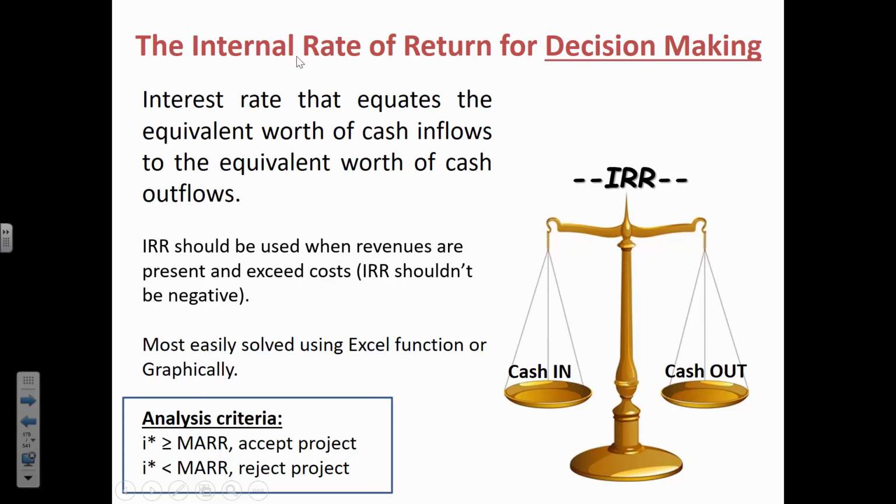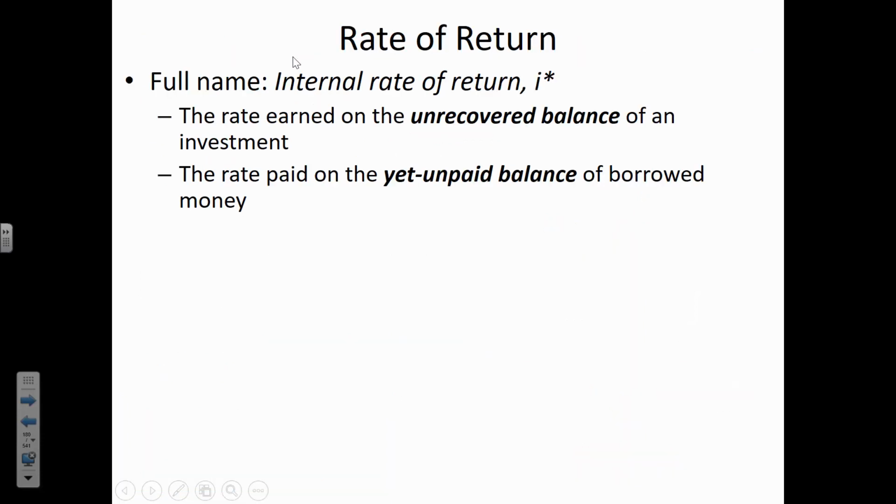This word internal is important. Maybe so far rate of return makes sense because you're looking at how much you get back after you make an investment. So rate of return should be self-explanatory. But the word internal means something very specific. Internal rate of return is calculated under an assumption that all of the money you get from a project can be reinvested either in that same project or in another project that yields the same rate of return.